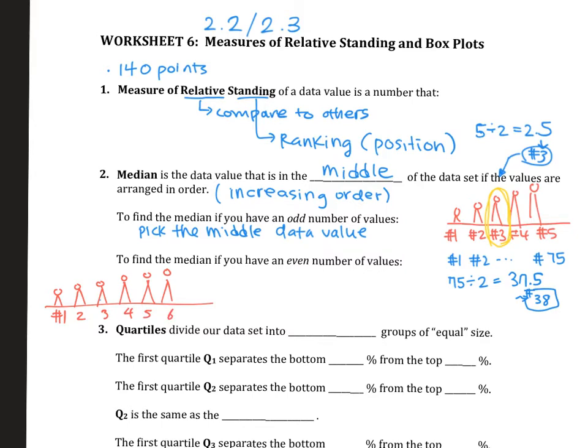Well, in this case, there is no one middle person. There are actually two middle ones right here, number 3 and number 4. So basically what we're going to do is average them together. We're going to pick the two middle data values, then average them.